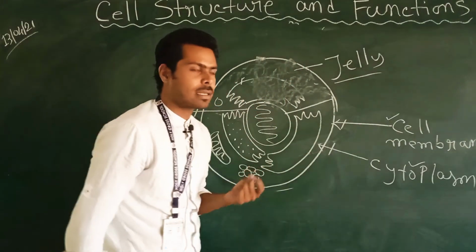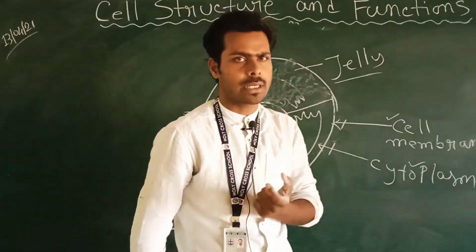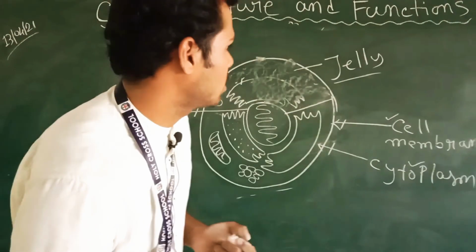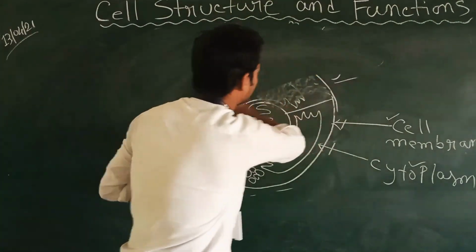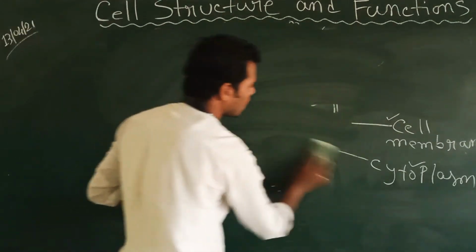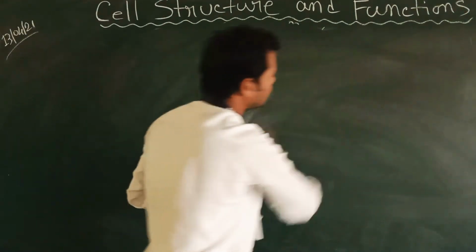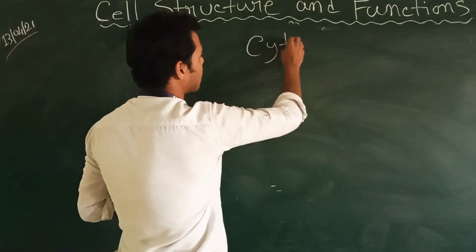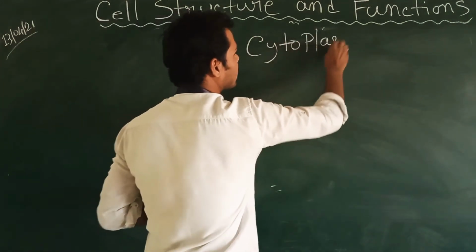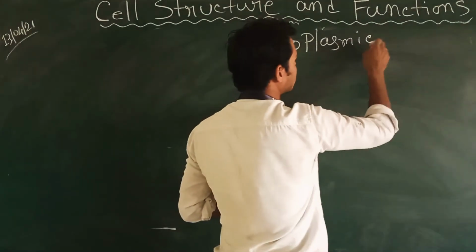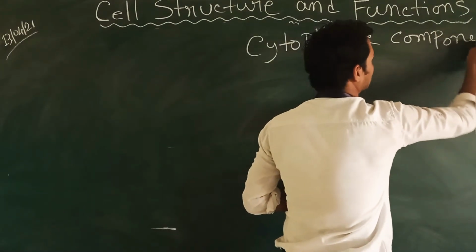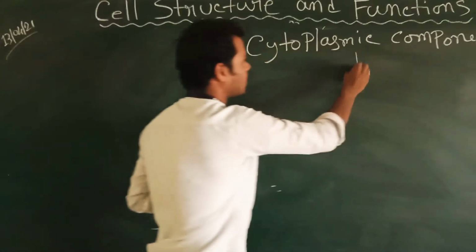Cytoplasm contains different types of components. These components are broadly classified into two categories. So let me write these categories. The cytoplasmic components are of two types.